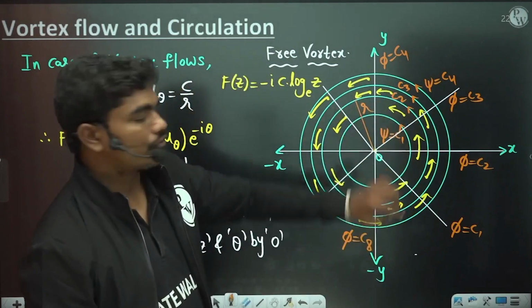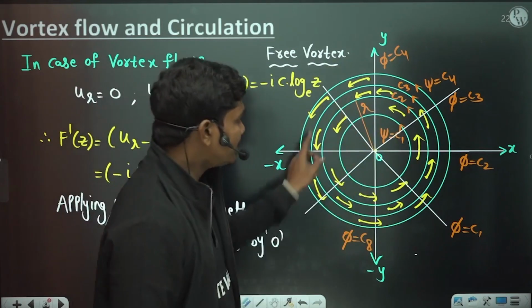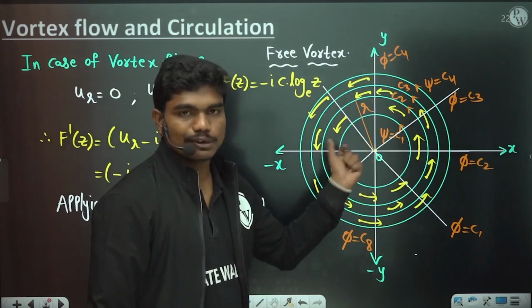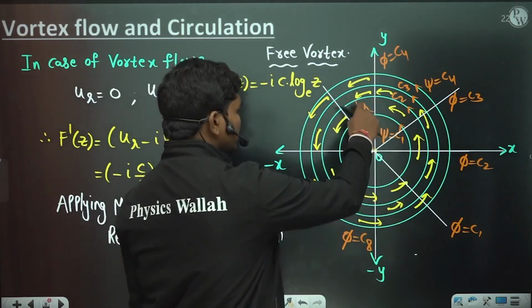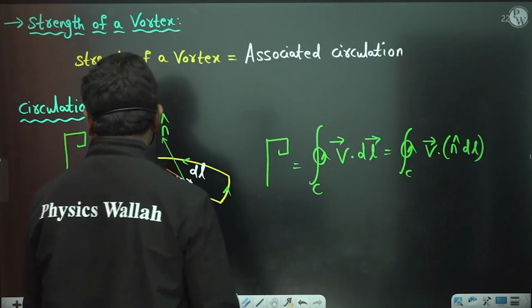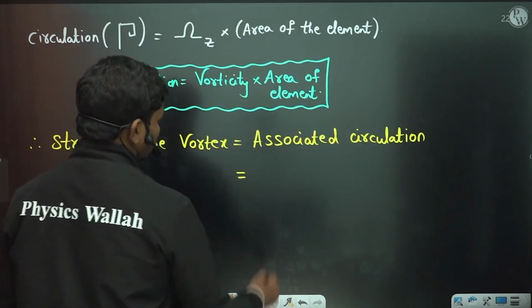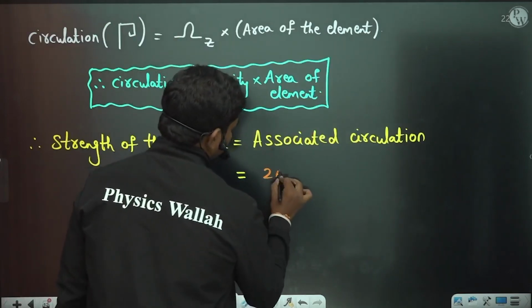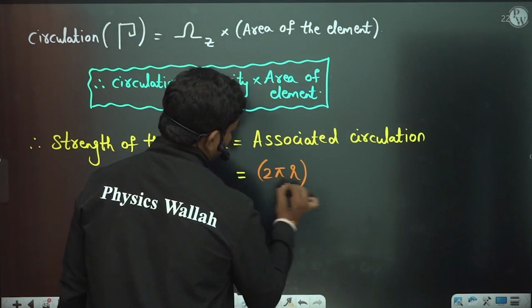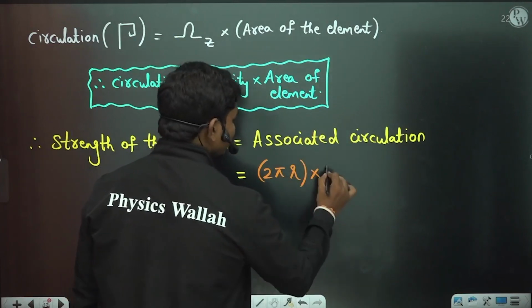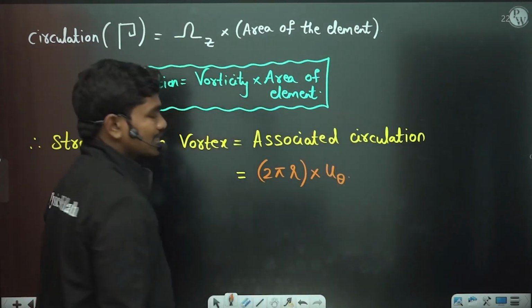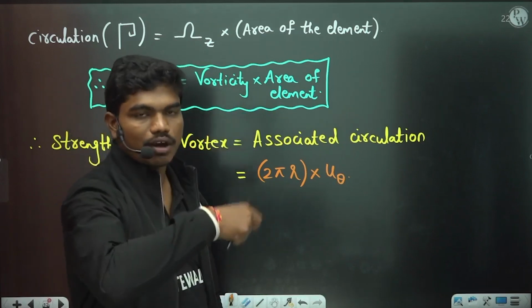For unit length of the rotation, the area available is 2 pi r into 1. And what about the vorticity? We can write circulation is equal to 2 pi r into the velocity, which is u theta, because u theta is the rotational component of velocity.